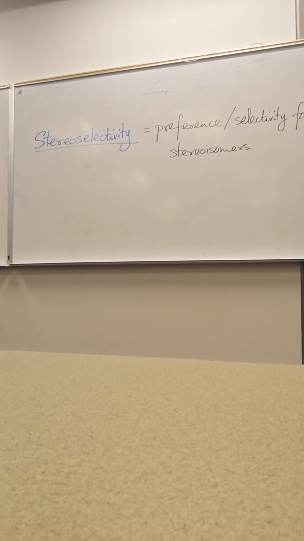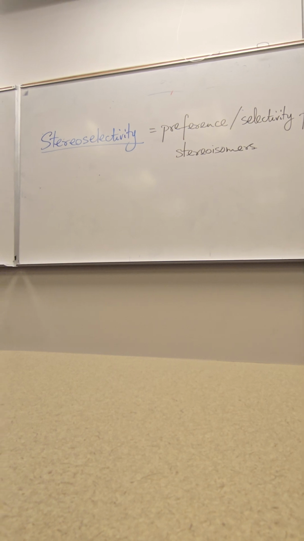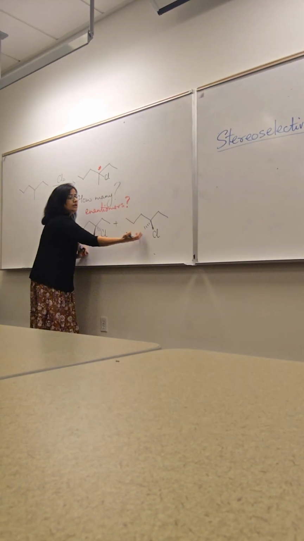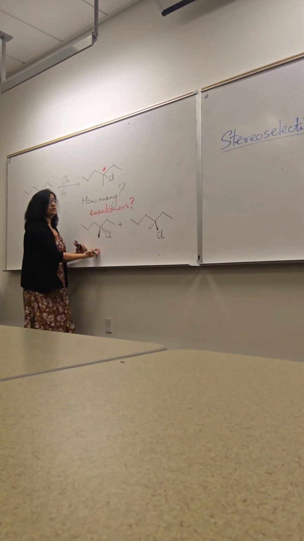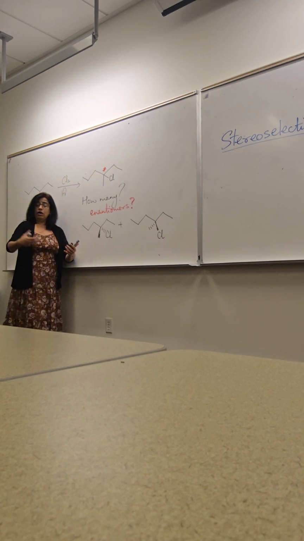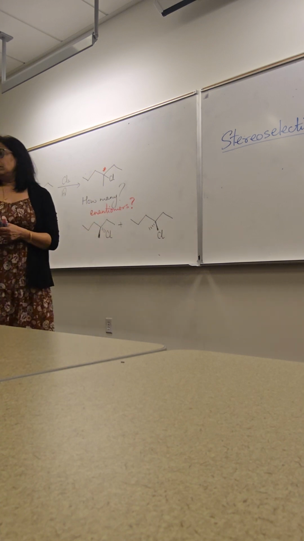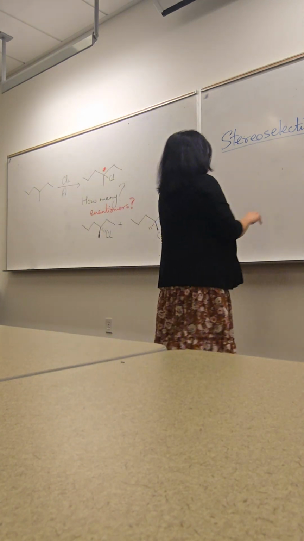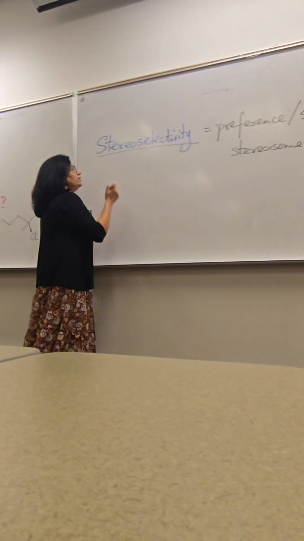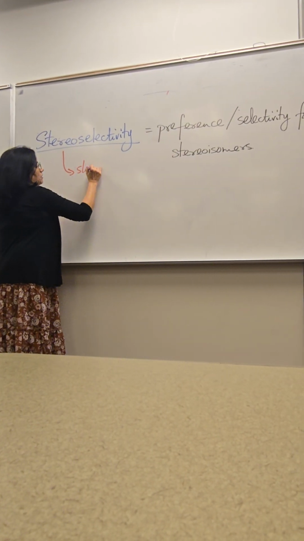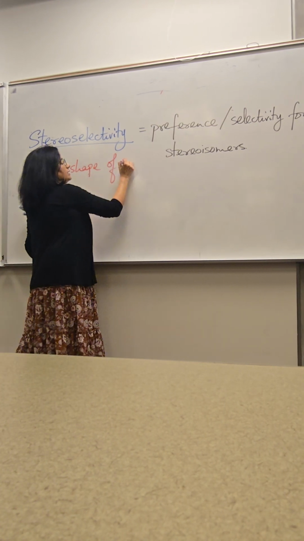So, in free radical halogenation, a reaction that goes through a free radical intermediate, do we expect one of these to be the major enantiomer, meaning created more in preference to the other? Let's discuss that. You guys ready? That has to do with the shape of the intermediate.